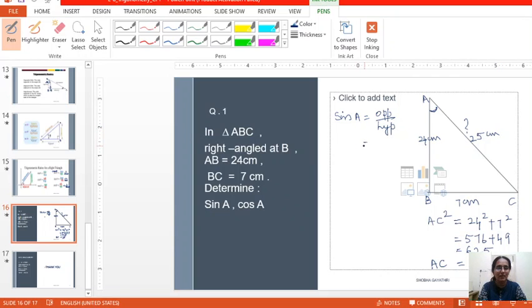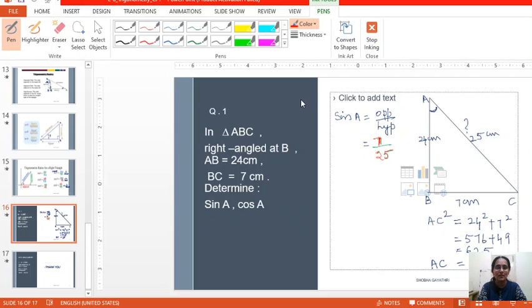Now sin A equals opposite side 7 by 25. It is a ratio, that is why it has no unit. Seven by 25.